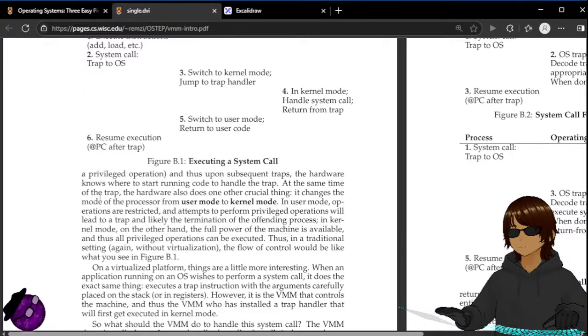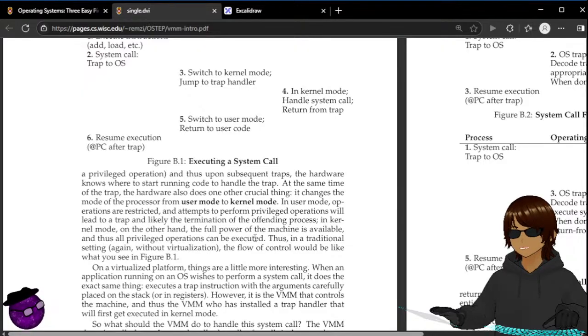At the same time as the trap, the hardware also does one other critical thing. It changes the mode of the processor from user mode to kernel mode. In user mode, operations are restricted, and attempts to perform privileged operations will lead to a trap and likely the termination of the offending process. In kernel mode, on the other hand, the full power of the machine is available and thus all privileged operations can be executed.